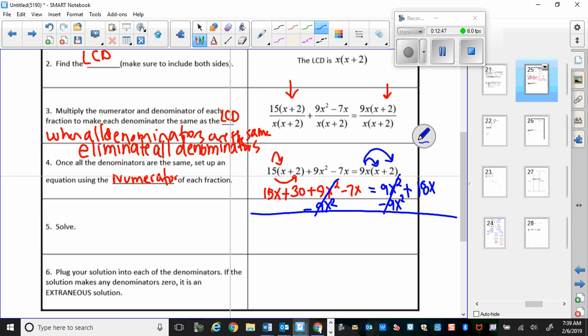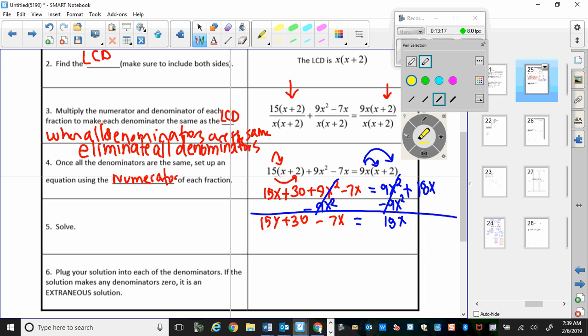They go away. That means I'm left with, on the left, 15x plus 30 minus 7x's. On the right, I have 18x's.